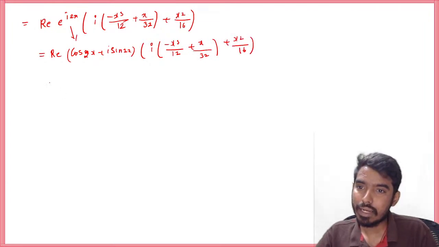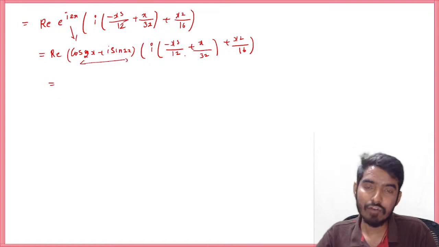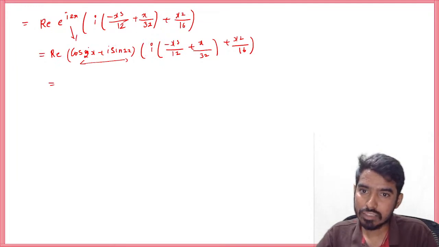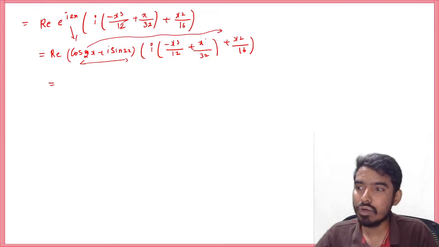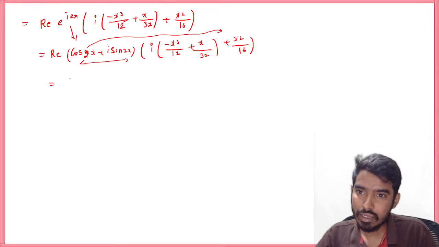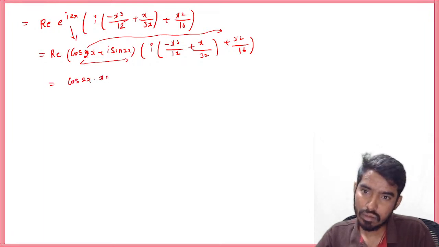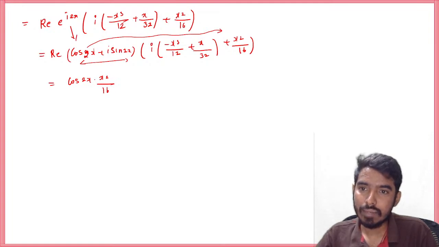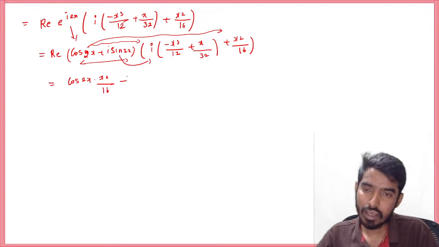Now, what are the real parts you will have? If you multiply these two terms, you will have 4 terms. Out of these 4 terms, you take only the real part, right? So cos 2x into this term will be a real number, real part. That means we don't have i here. So one term will be cos 2x times x square by 16. When you multiply cos 2x with this term, you will have i into something, which is imaginary. When you multiply this into this, you will have again real part. i into i is i square, and i square is minus 1.